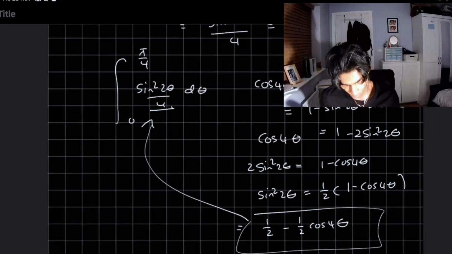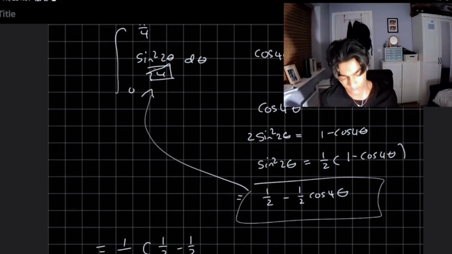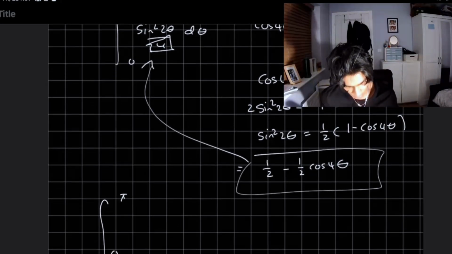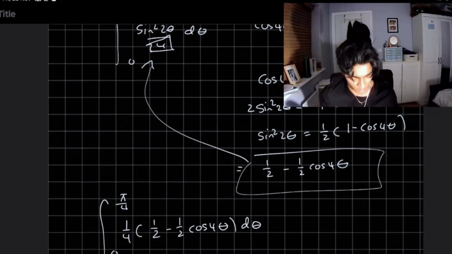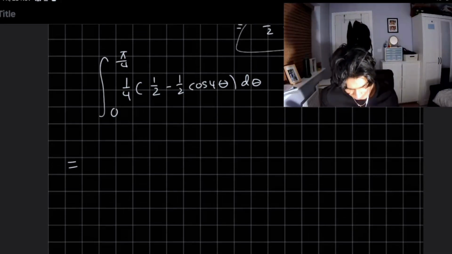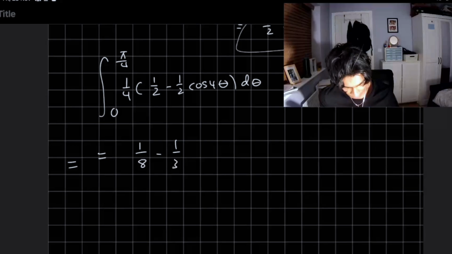Now we can put all of this into the integral, but we're not done yet. It's over 4, so we have to multiply by a quarter again, or divide sine squared 2 theta by 4. So we're saying a quarter times a half minus a half cos 4 theta d theta. This will be an eighth minus a 16th cos 4 theta.